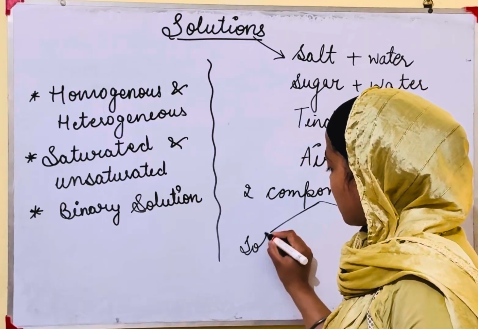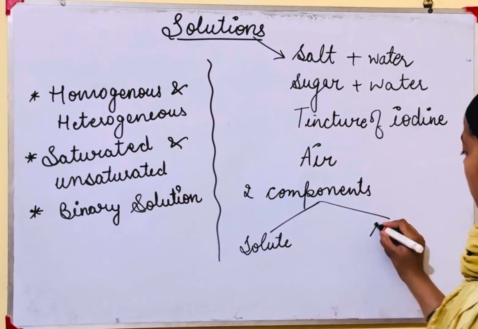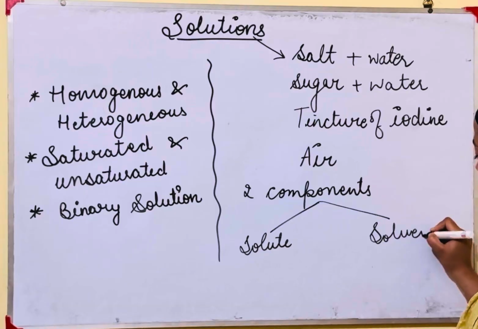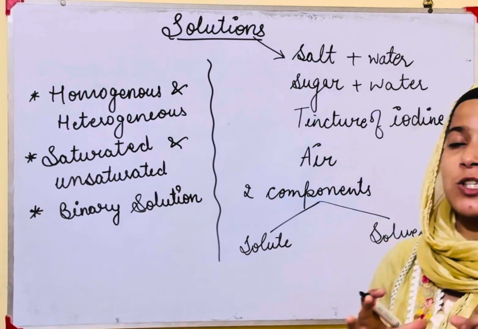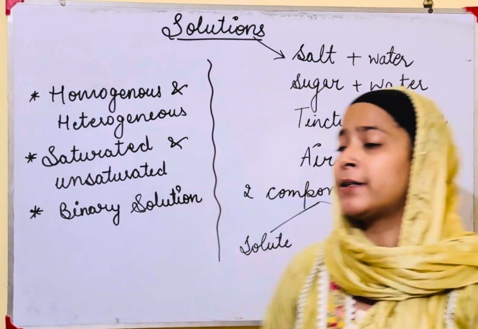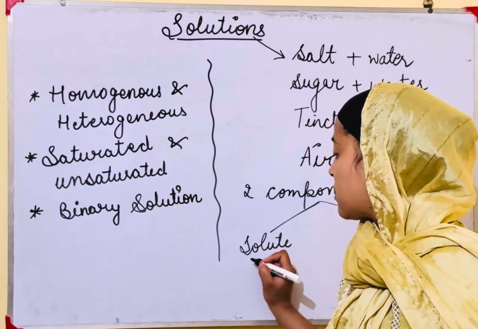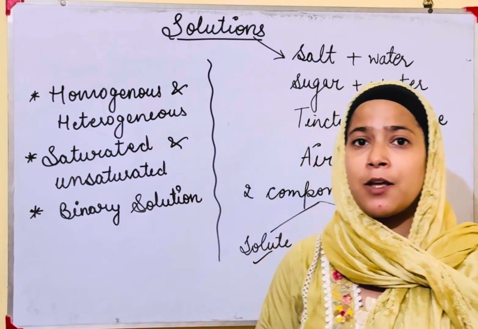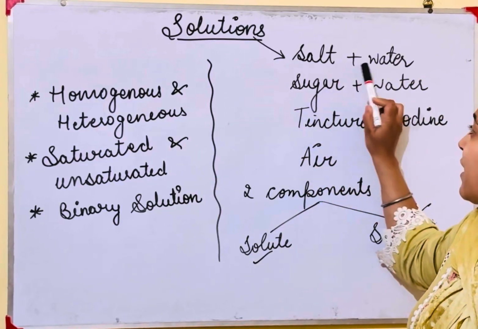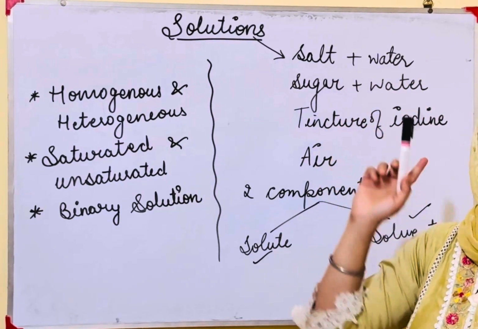One component is solute and another component is solvent. The component which is present in larger amount is the solvent, and the component which is present in less amount is the solute. For example, if we talk about salt in water, here we add salt in water.